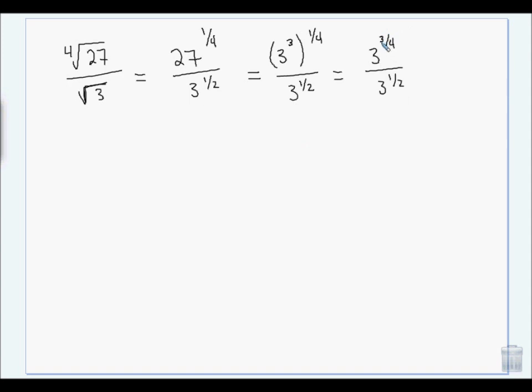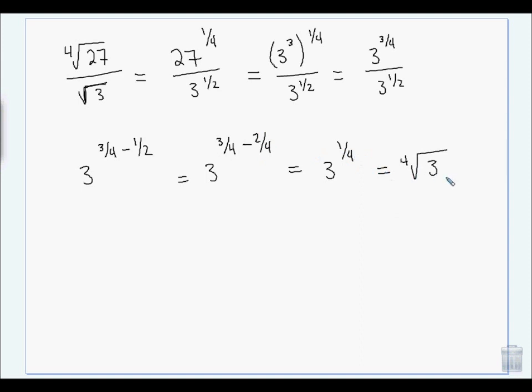And when I have two exponents, common base, numerator, denominator, if I'm multiplying them, I add. If I'm dividing them, I subtract. So I get a common denominator, subtract them, and then convert it back into a radical.